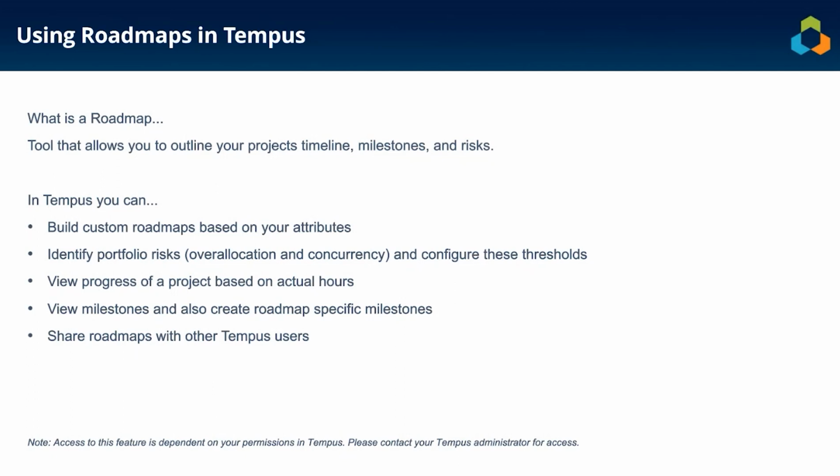So there's two, in this case, overallocation and concurrency risk, and configure those thresholds as well within your individual roadmaps. You can view the progress of your project based on your actual hours within Tempus. You can choose to view milestones, and also create roadmap specific milestones. And then lastly, you can share these roadmaps with other Tempus users if you would like.